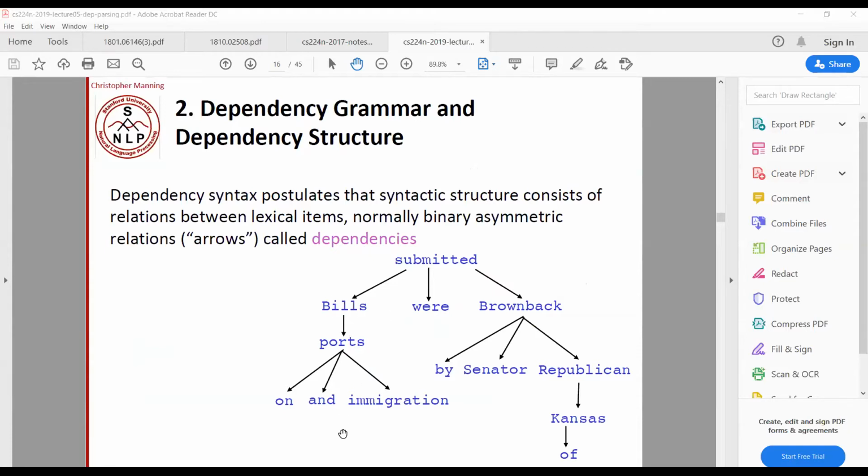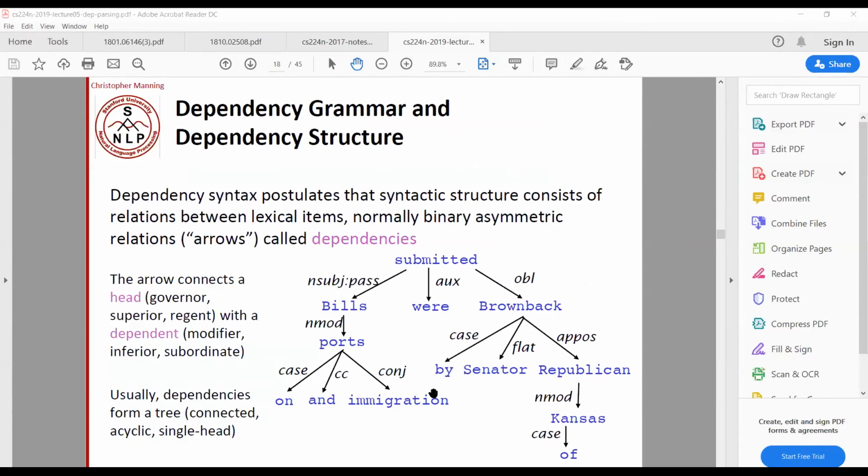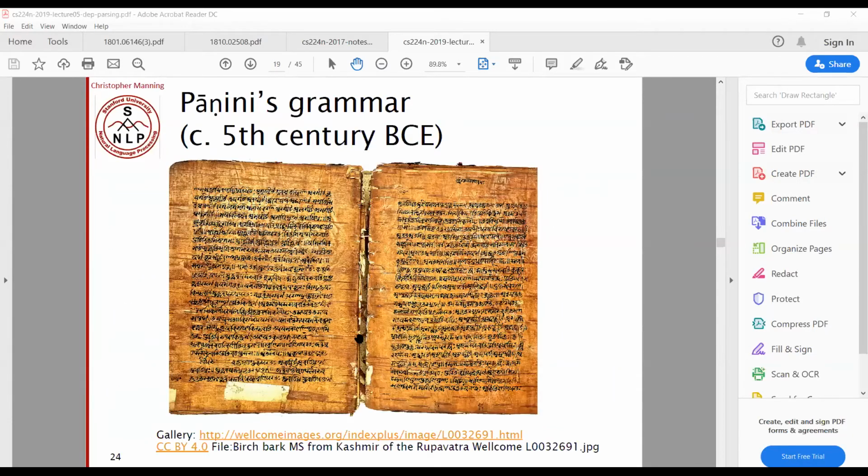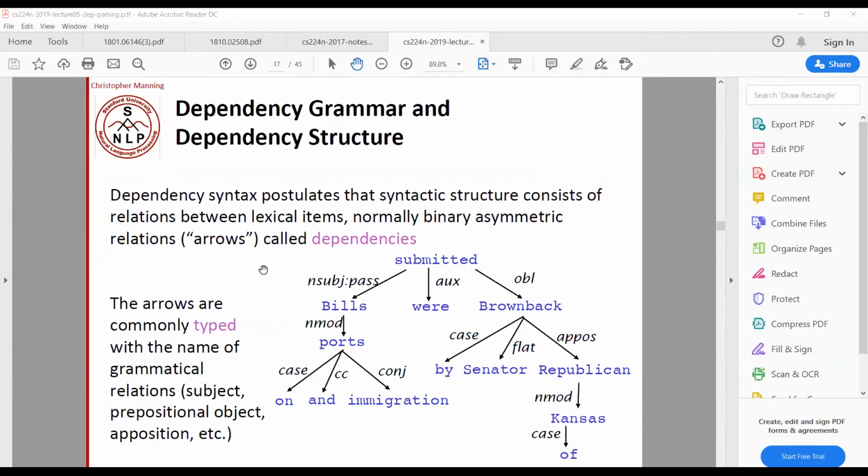Okay. So here's another dependency structure. Again, it would be nice to see the original sentence. They didn't put that. Okay, this is everything. I scrolled down to get everything on the slide. So the verb is at the top of the structure. Bill is the noun.